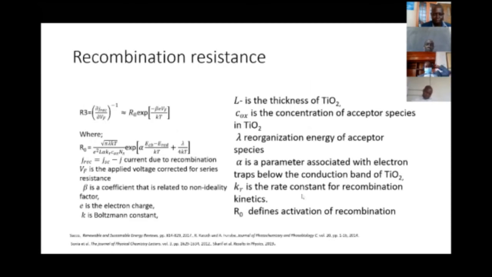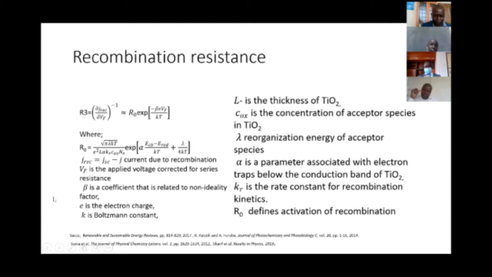Now, we went ahead and also looked at the expression for recombination resistance, which is given by these terms here. Of importance here is that R naught is defined as the activation of recombination. The only term which is not constant here is Kr, which is the rate constant for recombination kinetics, and then this.